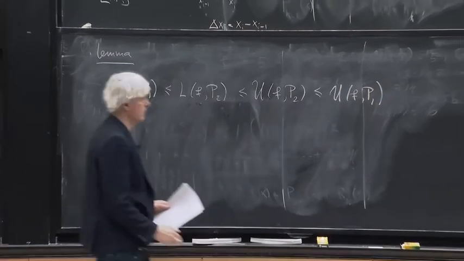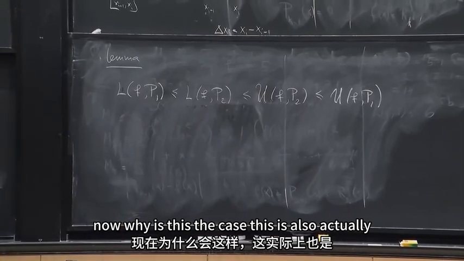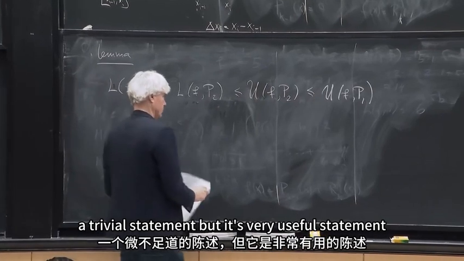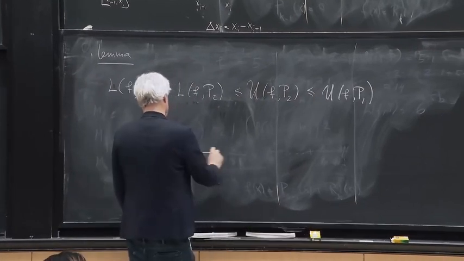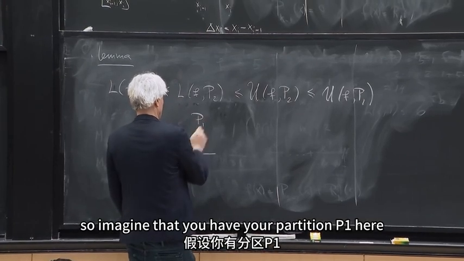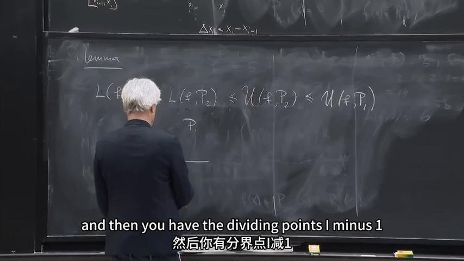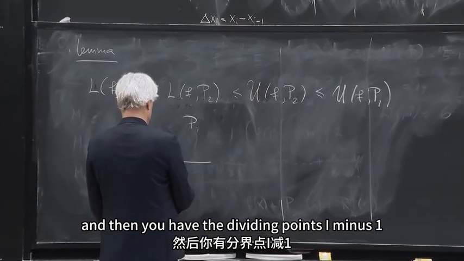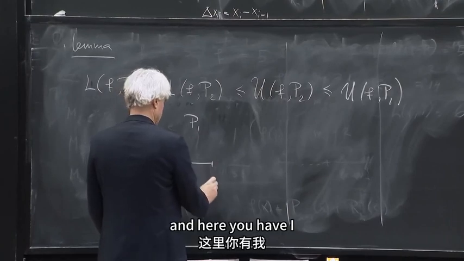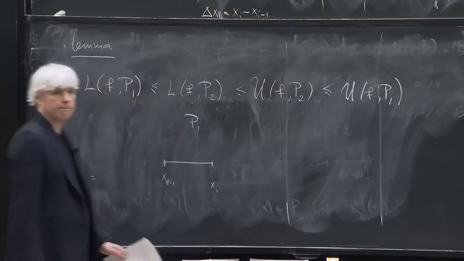Okay. Now, why is this the case? This is actually a trivial statement, but it's a very useful statement. Imagine that you have your partition P1 here, with the dividing points x_{i-1} and x_i.